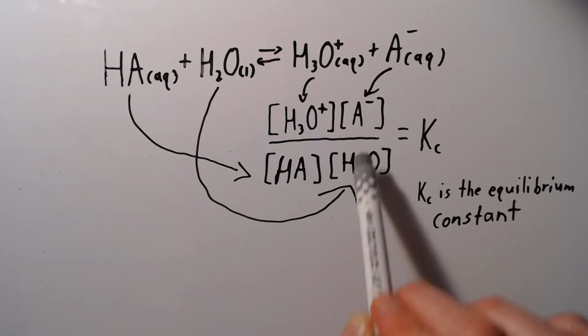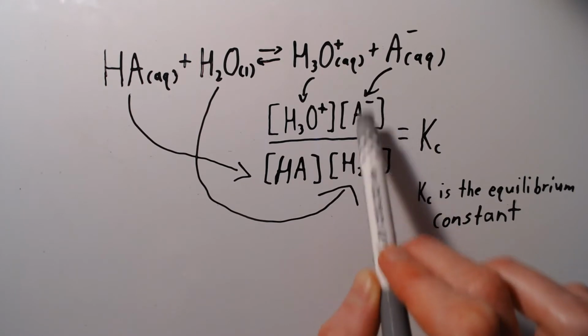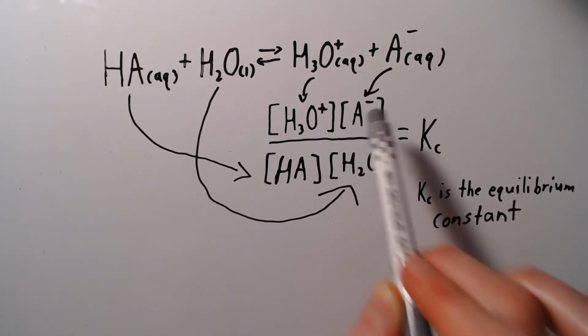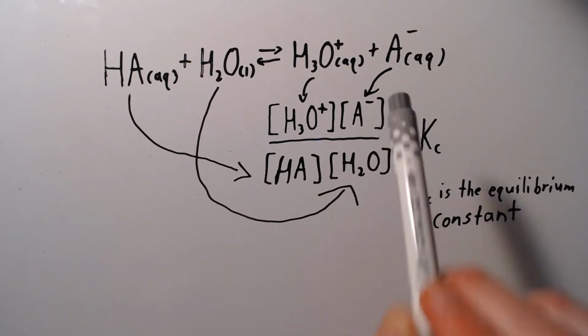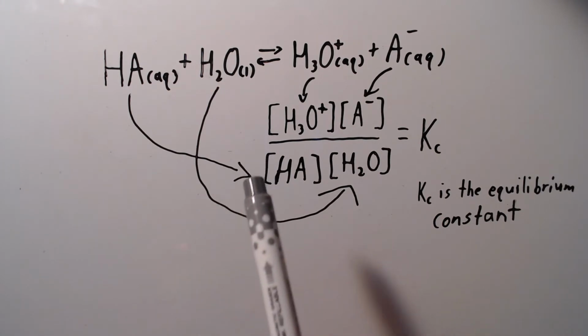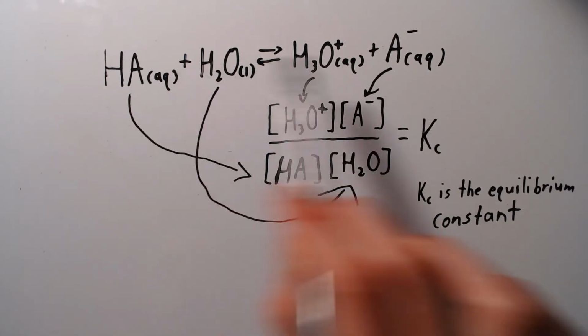For example, if there was a number 1 written right here, then we would say that there was 1 molar of A minus in this solution. This equation is used to show the concentration of the substances after the reaction is complete.